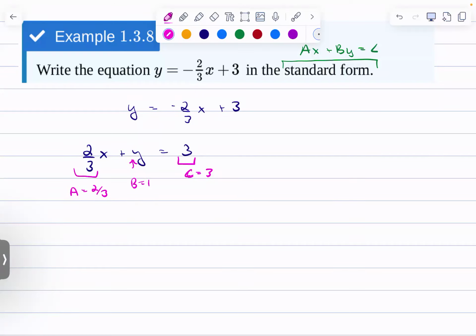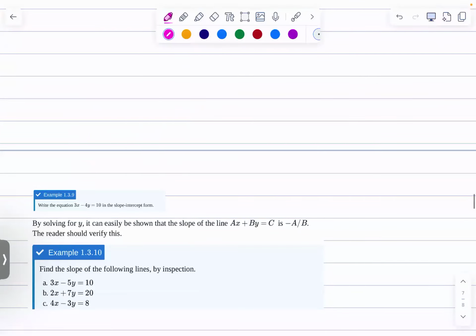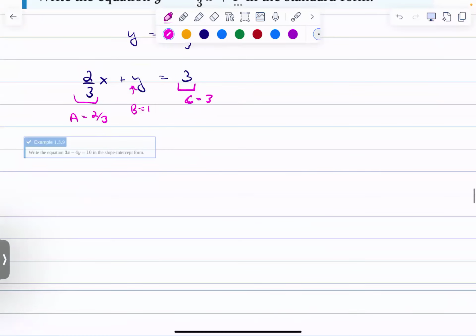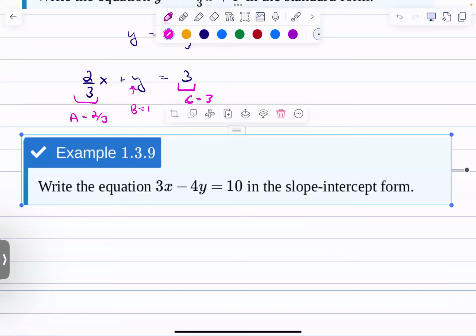Way easier to move from slope-intercept form to standard form. Like I said, it's not something I expect you to know.